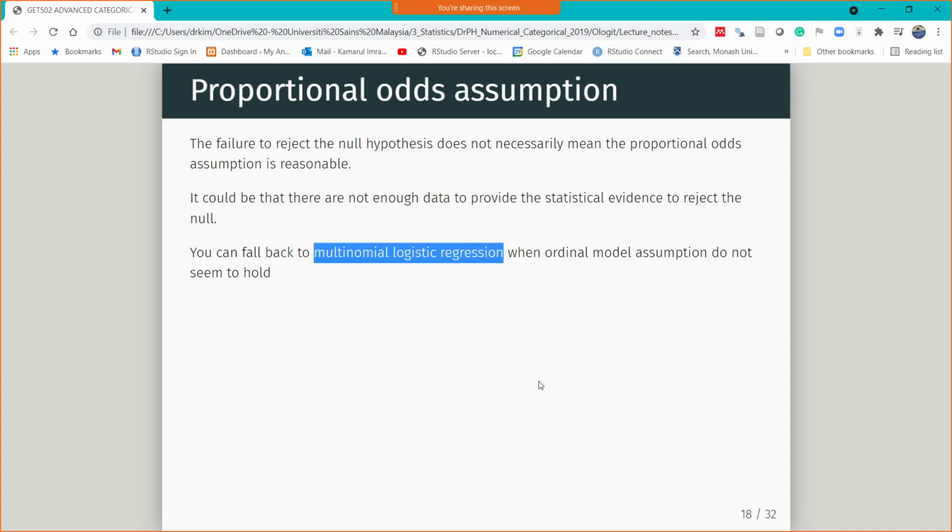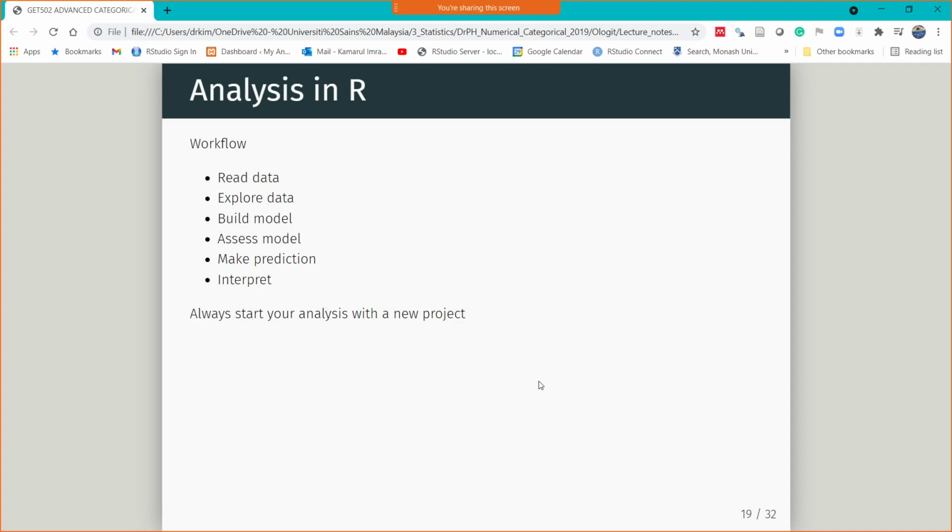Okay. How do we do this in R? Okay, so first, of course, you have to read the data and then do a little bit more exploratory data analysis, and build your model using the packages for data with an ordinal outcome.